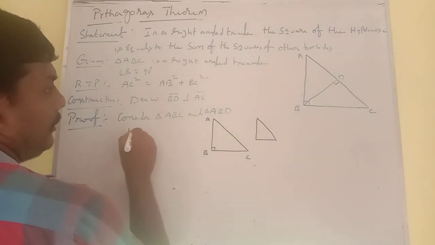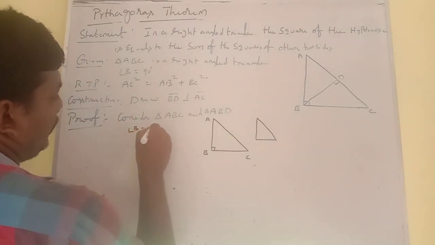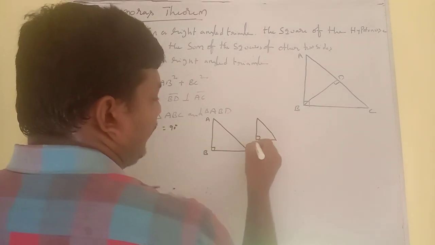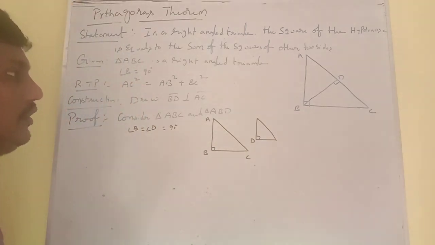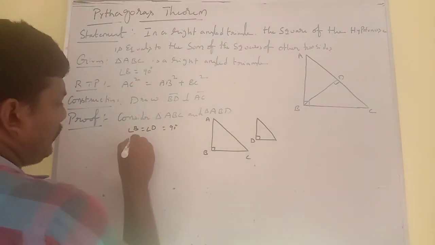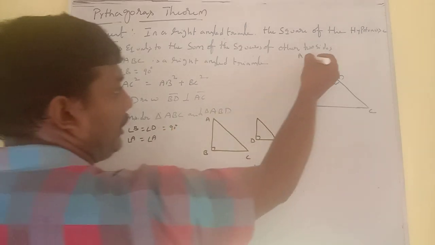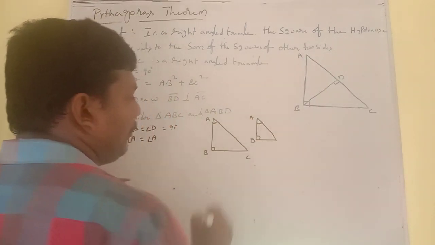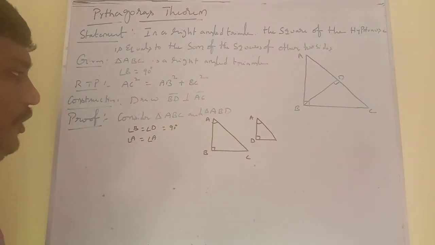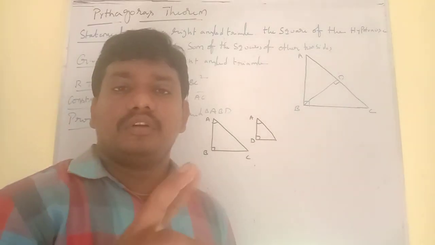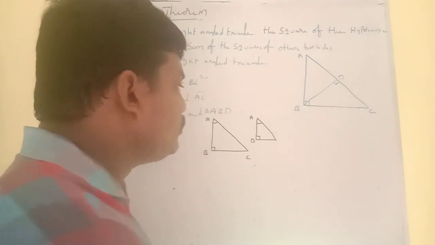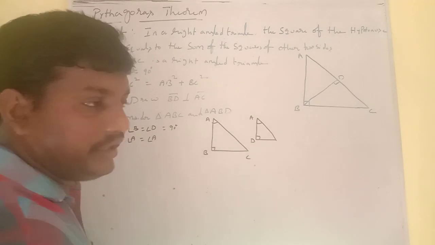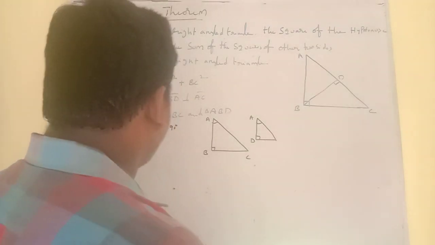Here angle B is equal to angle D because both are 90 degrees. Now angle A is equal to angle A, that is a common angle. In two triangles, if any two corresponding angles are equal, then automatically the third angle will be equal by the angle sum property of triangles.